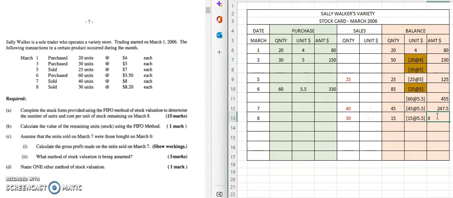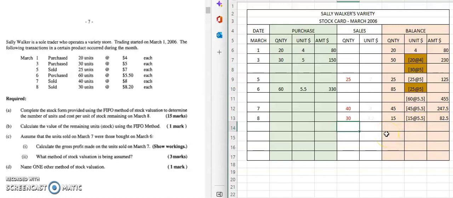Good. So that covers that part of the question. The answer to part A is she's going to have 15 units left, and the cost would be $5.50, and the answer to part B would be $82.50.